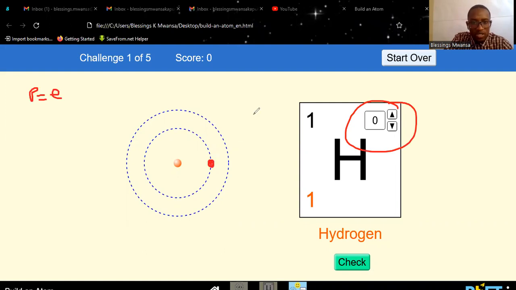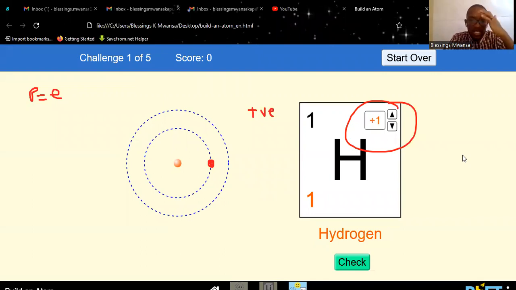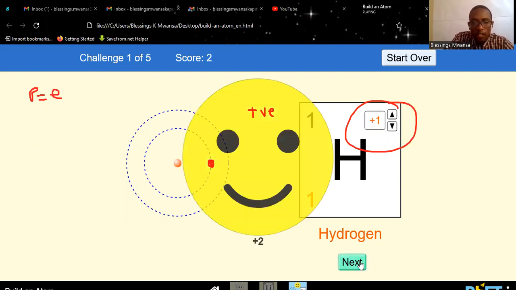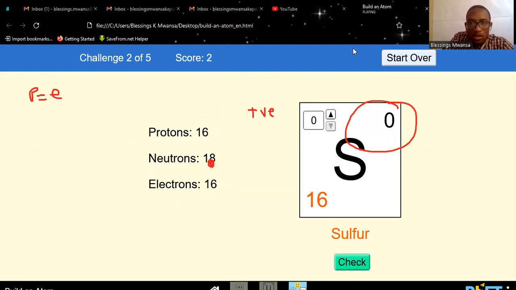So losing in chemistry is positive, correct. Gaining is negative. So what do we do? Excellent. So we say positive one, meaning this hydrogen lost, or this hydrogen gave away an electron. That is why we cannot see a blue electron in the shell. And this is super correct. Let's go for the other question.